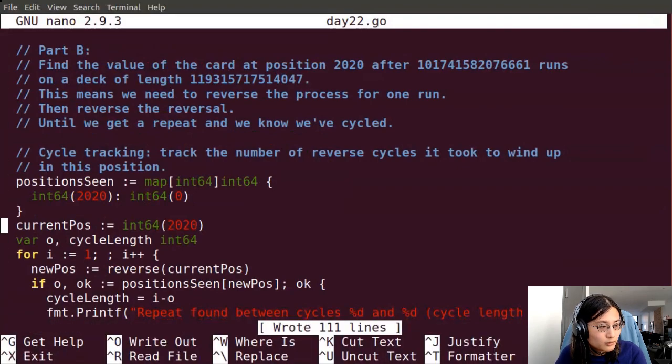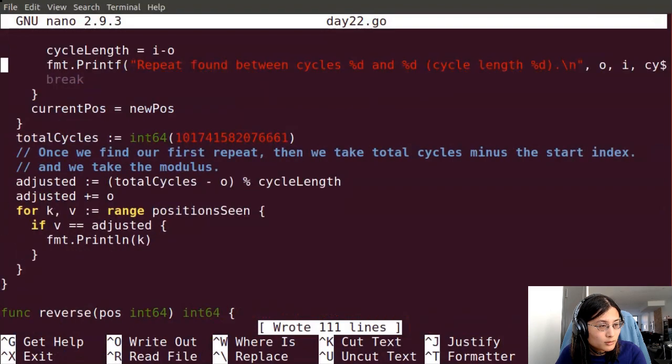So now we need to figure out how to reverse these instructions.